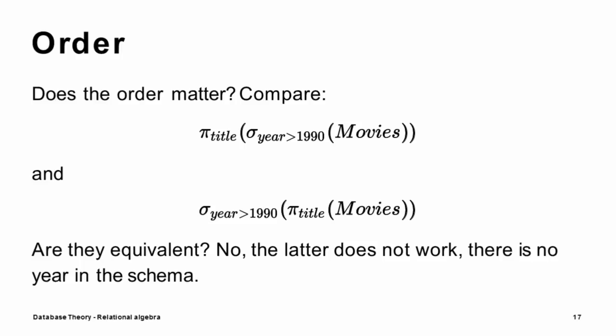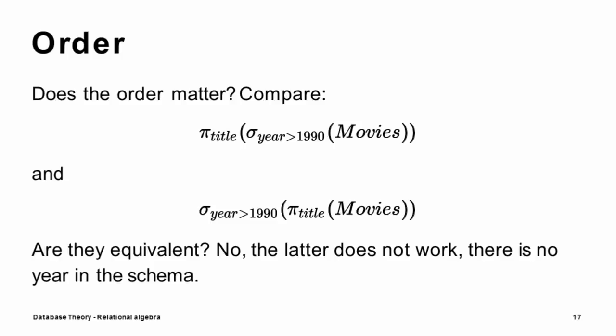because if you have a look at the lower projection and selection, what you do here is that you are interested in the titles of that movie's relation. That's something that is also returned.